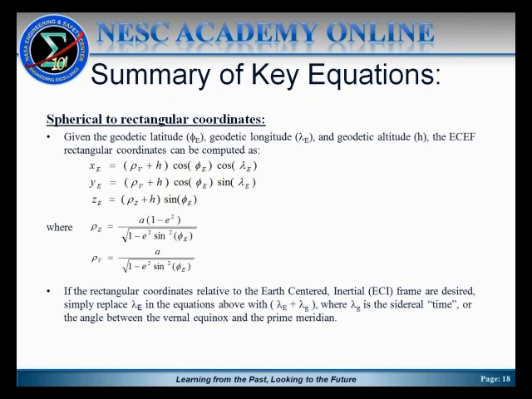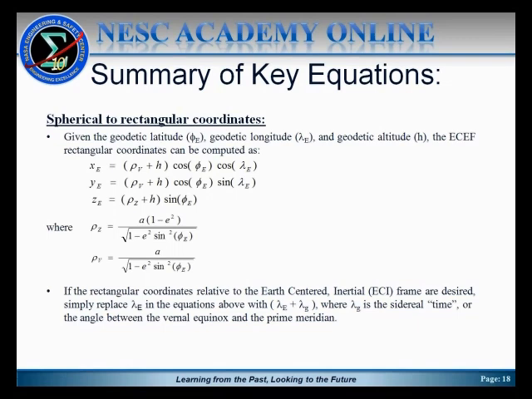If you're given geodetic latitude phi sub e, geodetic longitude lambda sub e, and geodetic altitude h of some object, the Earth-centered, Earth-fixed rectangular coordinates can be computed as shown in the 3 equations for xe, ye, and ze in terms of rho sub v, which is the radius of curvature in the prime vertical, and rho z, which is the portion of that which is above the equator. Both of those parameters were defined in detail and derived in part 1 of this presentation.